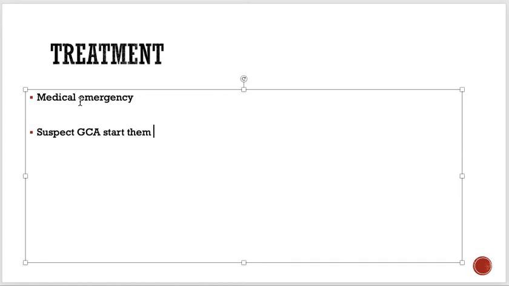start them on high dose prednisolone or prednisone, depending on where you're working. Basically the dose is 1 milligram per kilogram, continued for around 4 weeks, or 1 month. It's a very high dose steroid for a long period of time, and then we taper off the dose.